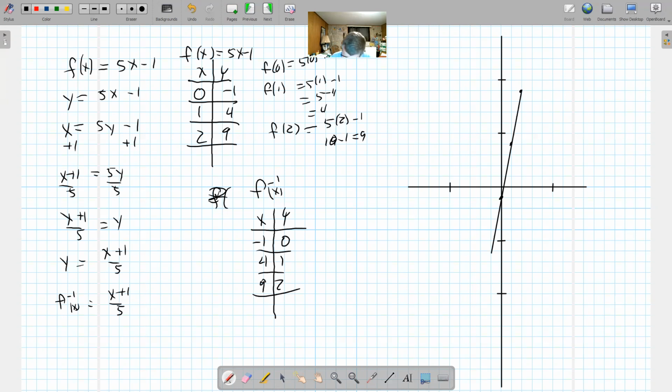Okay, so if I plot those, negative 1, 0, 4, 1, and 9, 2, I get this line.